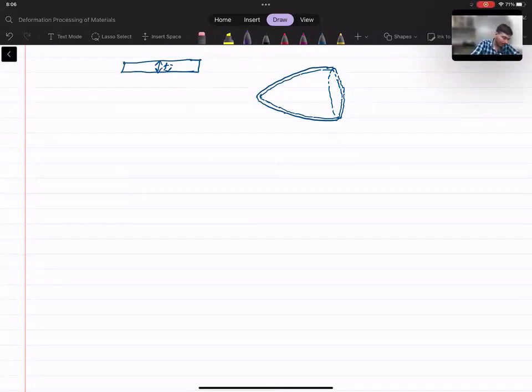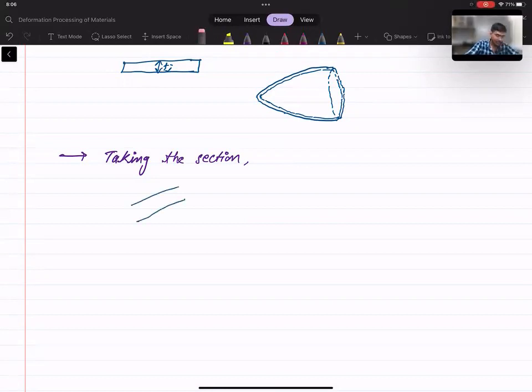So if we take a section, say after forming, we are taking some section of the formed product. Here, as I mentioned earlier, this angle will be alpha, which is nothing but the half bending angle. Okay. And this thickness now becomes Tf.